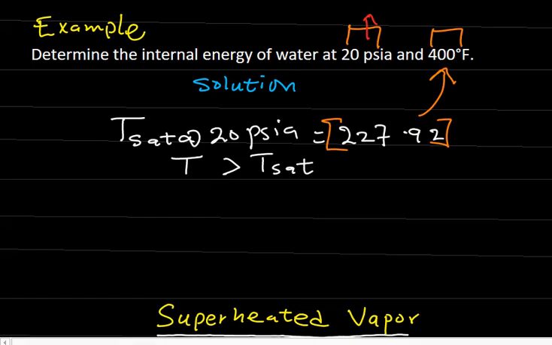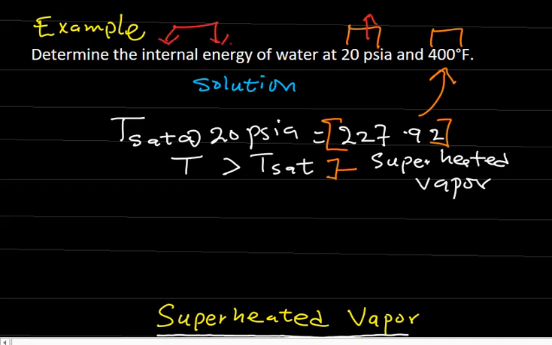So now we can conclude that this is a superheated vapor. Because it's a superheated vapor, we are reading our value of internal energy from the superheated table.